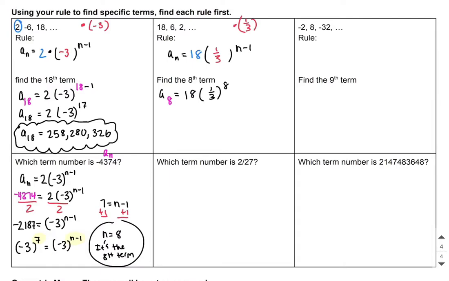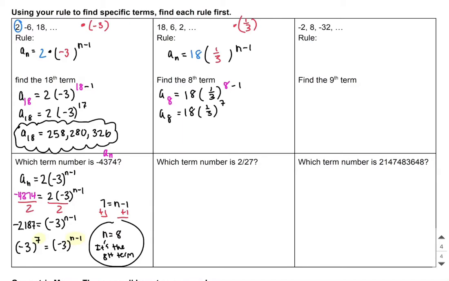So I have 8 minus 1. And then from there, I'm going to have a sub 8 is equal to 18 times 1/3 to the 7th power. And I do this in my calculator.